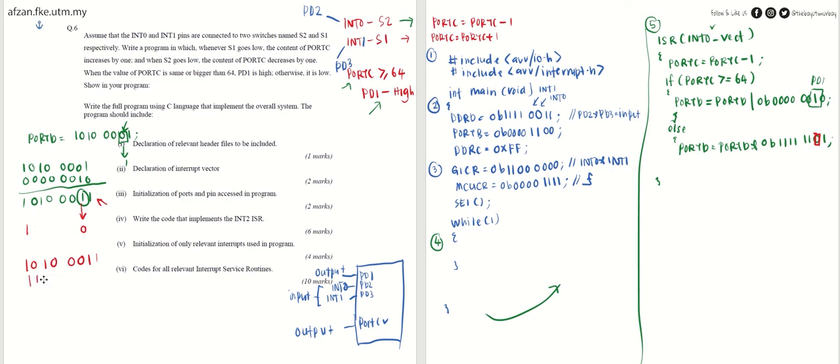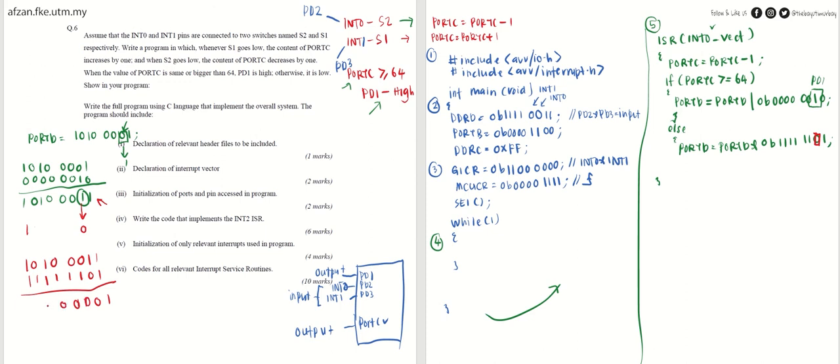AND with 11111101. So 1 AND with 1 you get 1. This is 0. Oh sorry, 0 AND 1 you get 0.